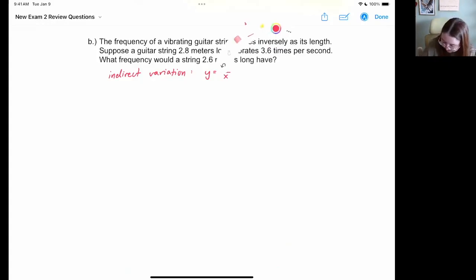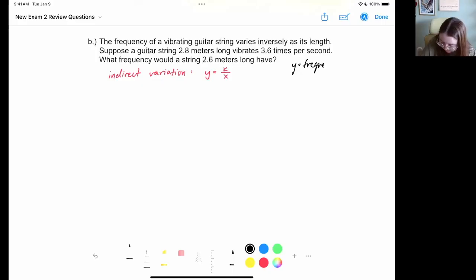We're going to label y as our frequency, because it depends on the length, so the thing that depends is y, and x is going to be the length.